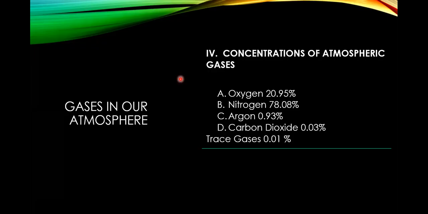It's just a decimal. So it will be 0.0093 times 760. Don't forget that. Anytime you go from a percent to a decimal, you must move the decimal 2 places to the left, no matter what the number is.